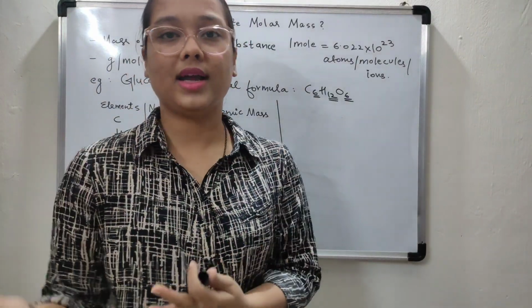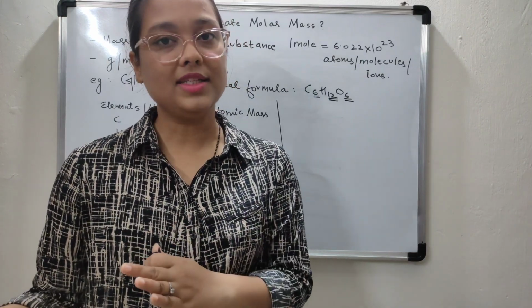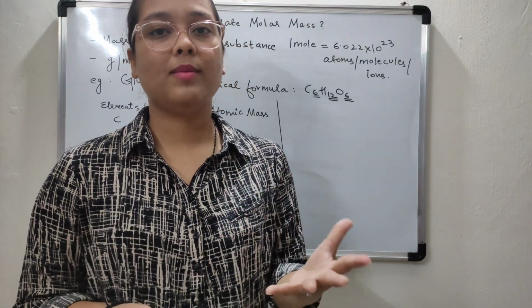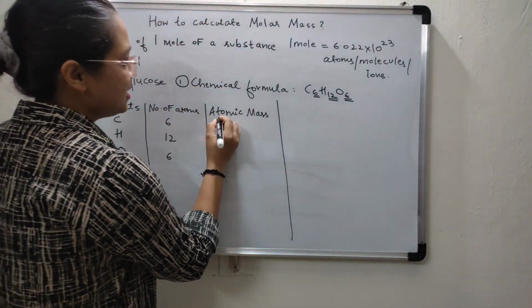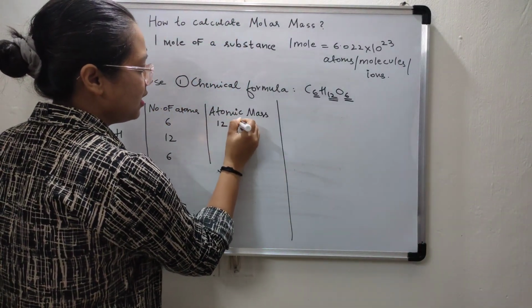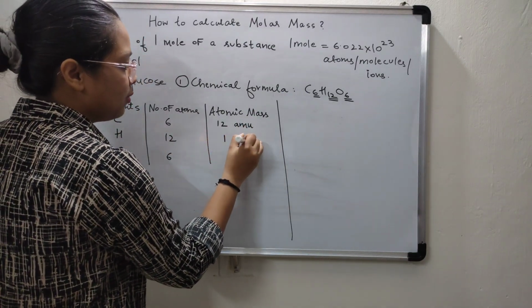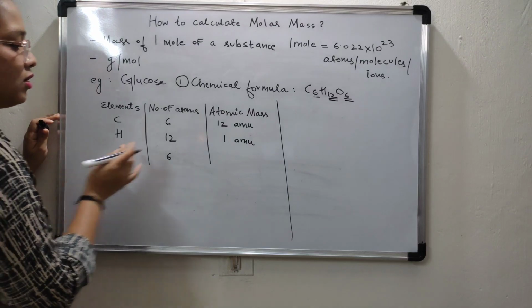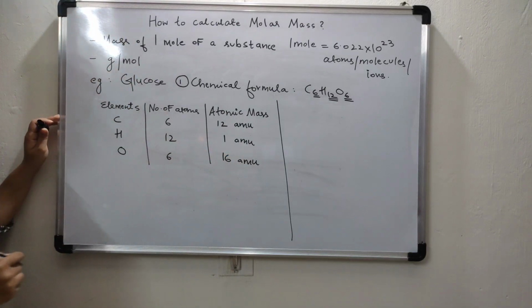You can either learn by heart a few of the values, like the initial 20 elements, or you can get the atomic mass value directly from the periodic table. Carbon has an atomic mass of 12 atomic mass unit, hydrogen is 1, and oxygen is 16.